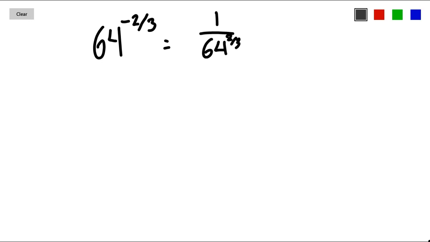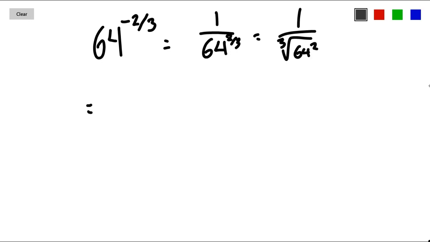So let's say I had 64 raised to the negative 2/3. Remember the rule for negative exponents. This is the same as me writing 1 over 64 to the 2/3 power. And I can rewrite the denominator as the cube root of 64 squared.